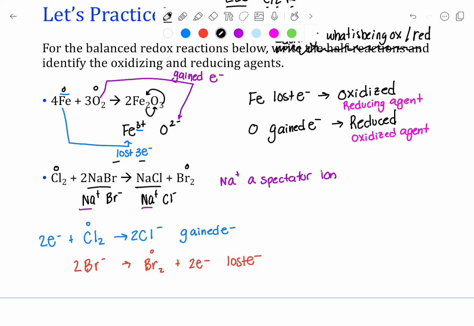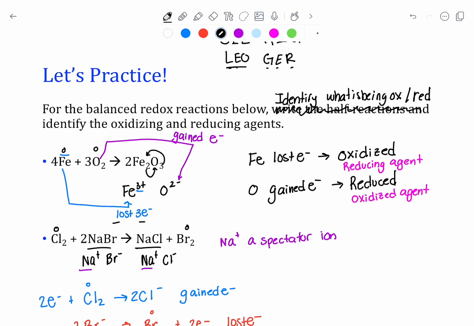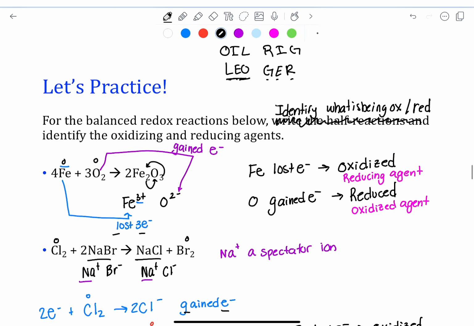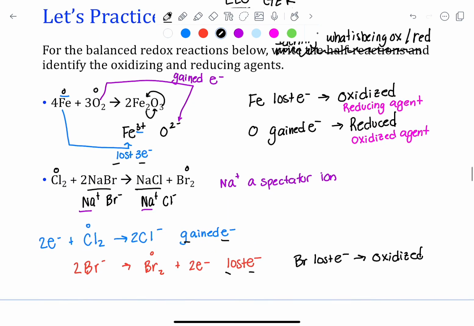So, lose electrons, oxidation. Br lost electrons, so it's being oxidized. Chlorine gained electrons, gain electrons, reduction.